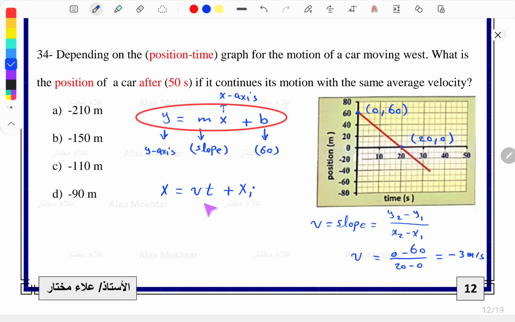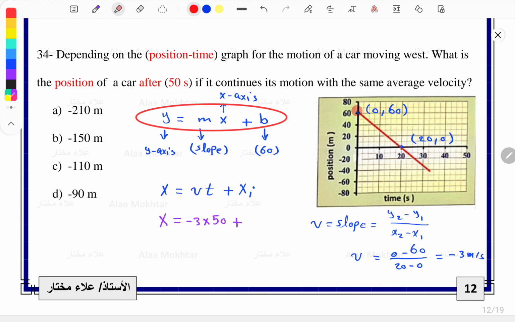We can take this and write it in the equation. He asked about what? Depending on the graph for the motion of the car, what is the position? He asked about the position. So x equals velocity negative 3 multiplied by time, which at 50 seconds is 50, plus the intercept point or initial point, 60.